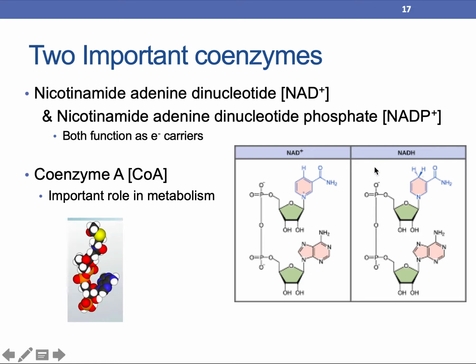What you will note here in the structure is that everything is the same except when it comes to the nitrogenous base, where you have 2 hydrogen here, which makes it reduced. So this is reduced nicotinamide adenine dinucleotide, and then you have only 1 hydrogen attached here. Then you also have coenzyme A, which is also very important in the process of cellular respiration.